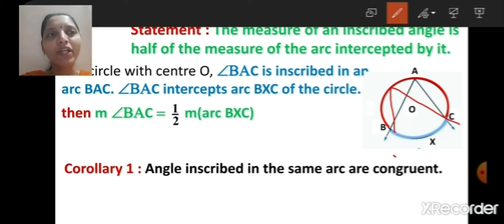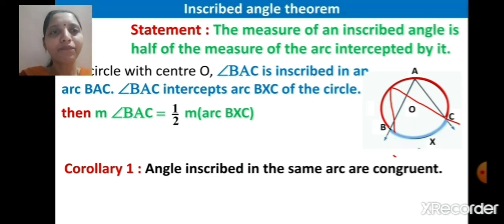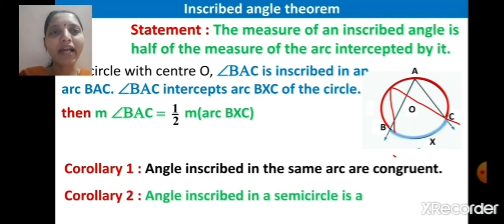However many angles you draw in the same arc, all those angles will be congruent. Second corollary: an angle inscribed in a semicircle is a right angle. Any angle which is inscribed in a semicircle is a right angle. That you have to remember.